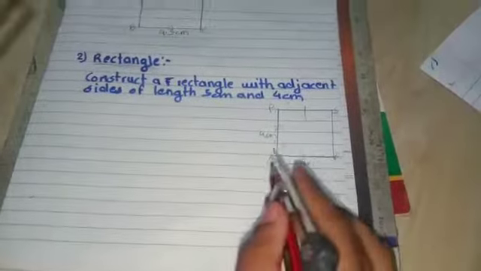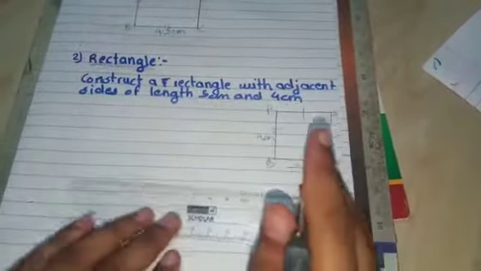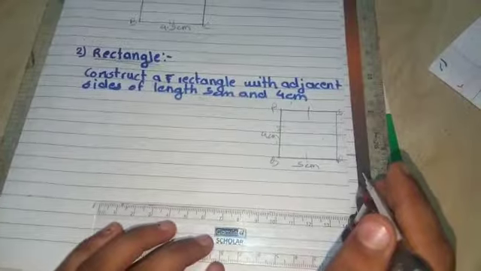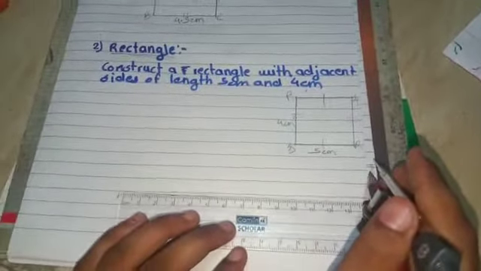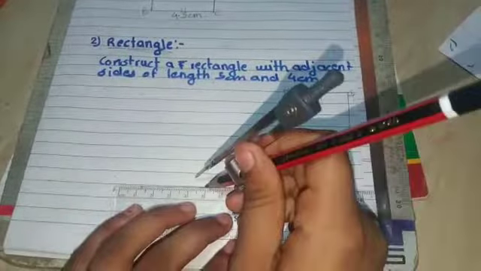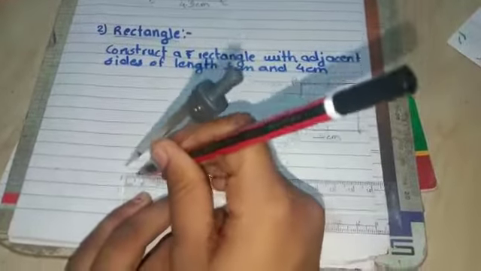First draw the base QR, 5 centimeter, like this.